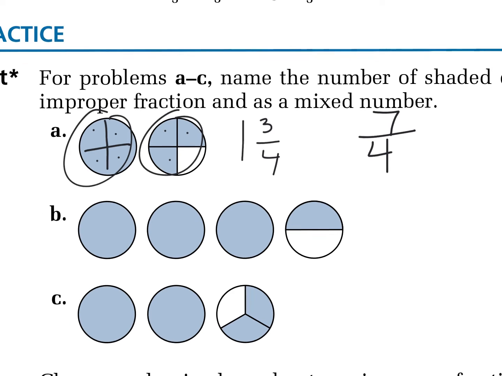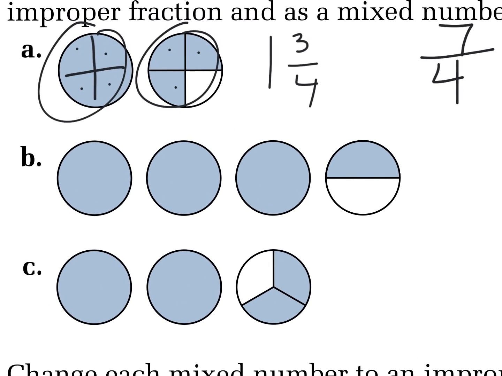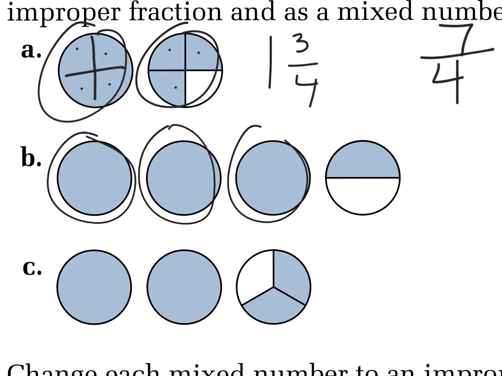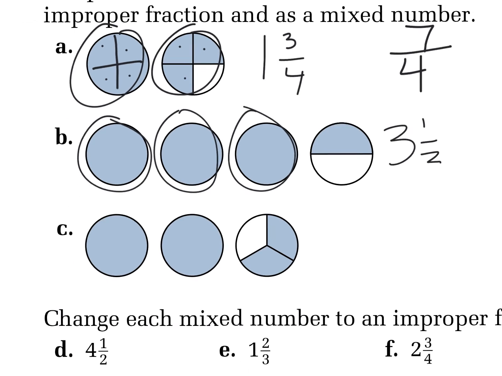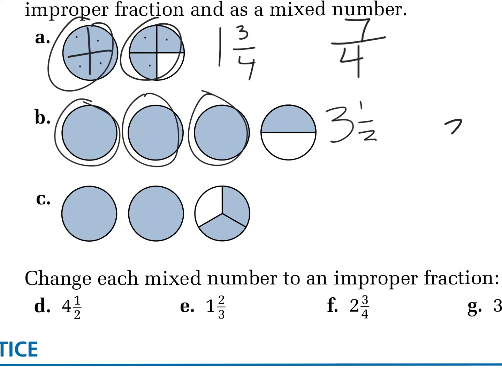That would be my improper fraction. For B, I have 1, 2, 3 wholes, and then a half. Since my denominator is 2, I'm going to cut these into halves, and then count how many halves: 1, 2, 3, 4, 5, 6, 7. So it'll be 7 halves.